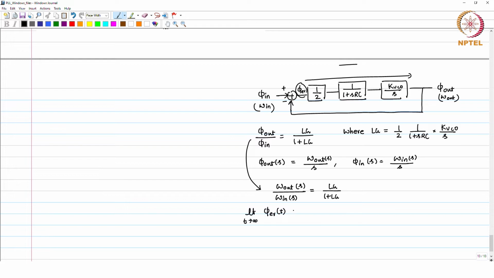You can find this error value using the final value theorem: as s tends to 0, s times phi error of s. And what is this phi error of s? Phi error is equal to your phi in minus phi out.